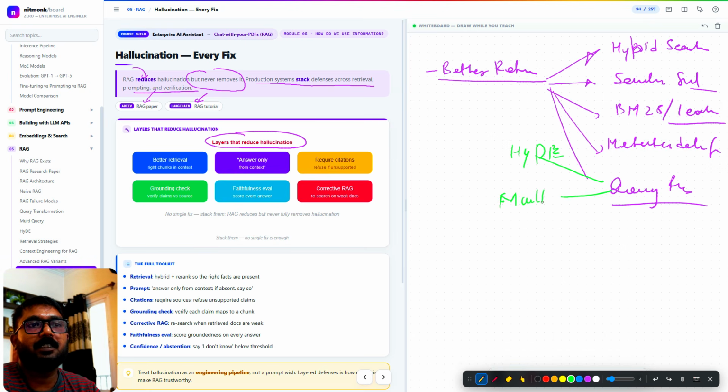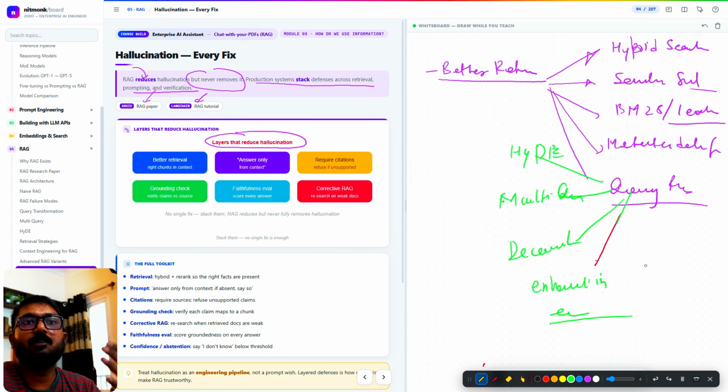From a query we generate multi-queries. There is decomposition of the query. There is, let's say, enhancement of the query. That's all we do with the query. So there are multiple ways we can do the retrieval. Answer only from the context. There is a citation.